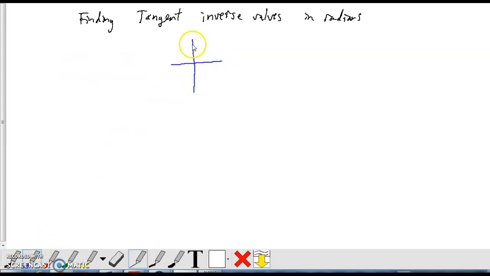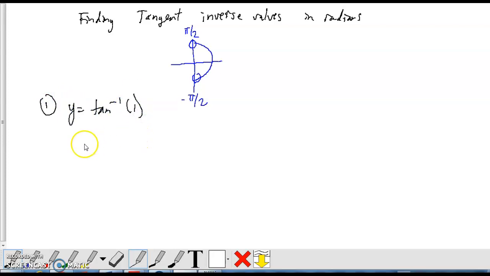It is going to be from those 2 points, pi over 2 and negative pi over 2. So let's try our first one. So y is equal to the inverse of tangent of 1. Again, this is like saying tan of something will give you the number 1. And that something is your pi over 4.